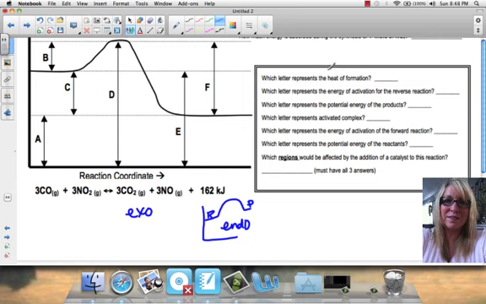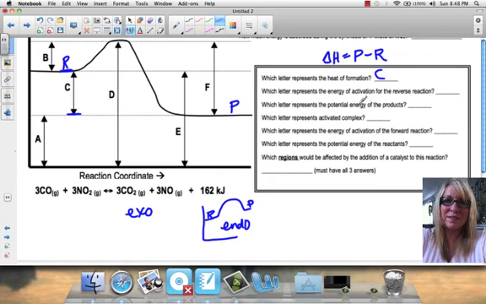Heat of formation is delta H, and it's calculated by the potential energy of the products minus the potential energy of the reactants. So if this is our product line and this is our reactant line, then the difference between these two, this one and this one, is C.